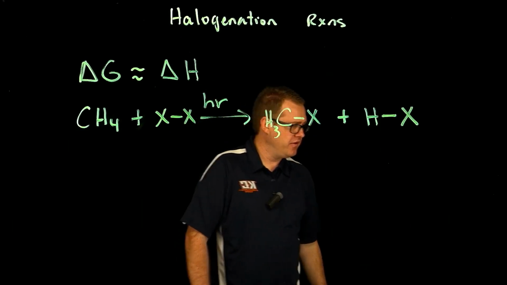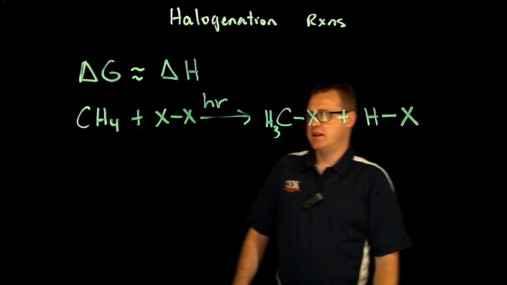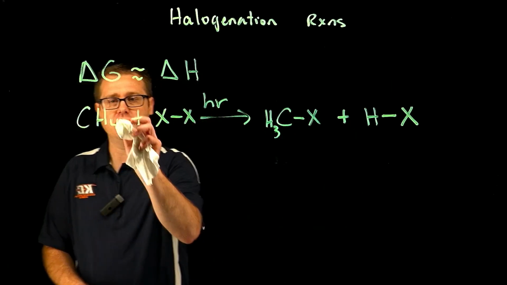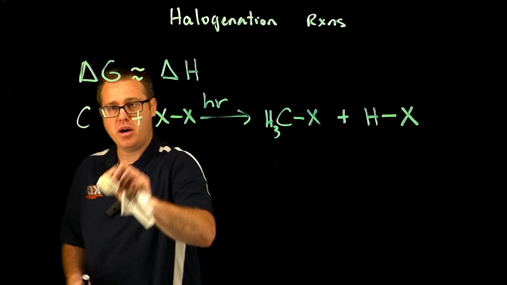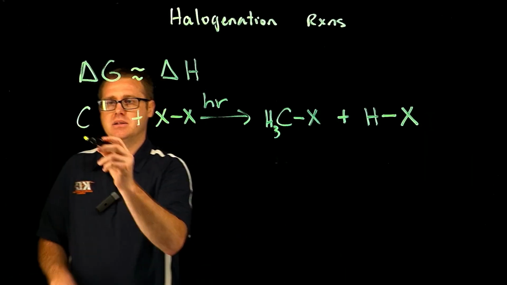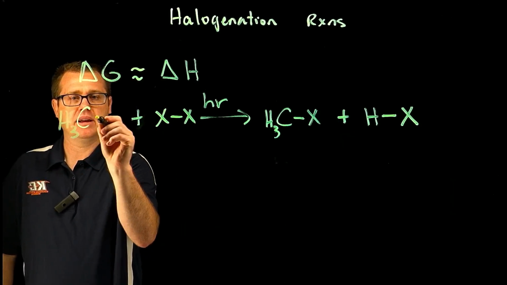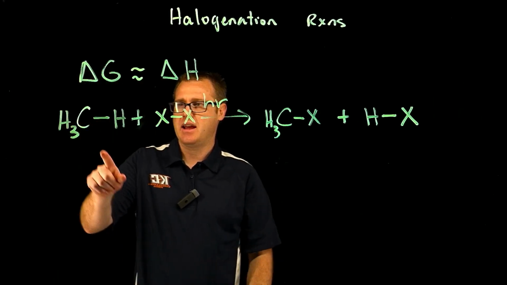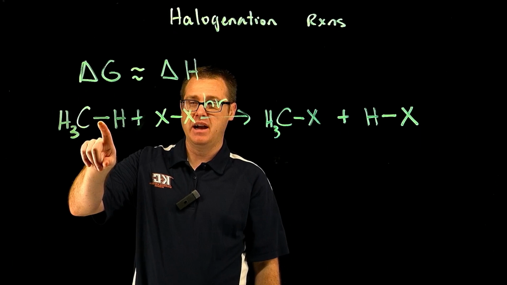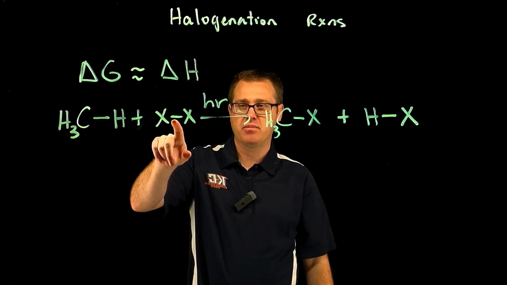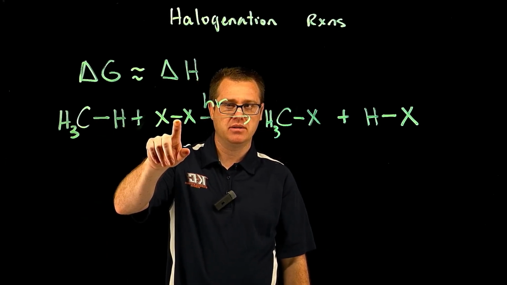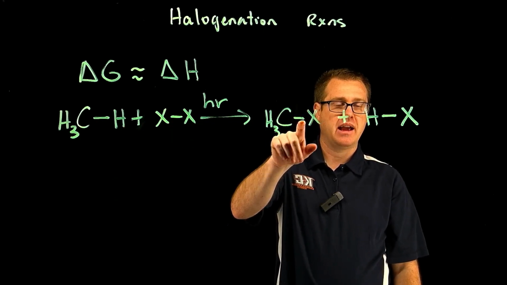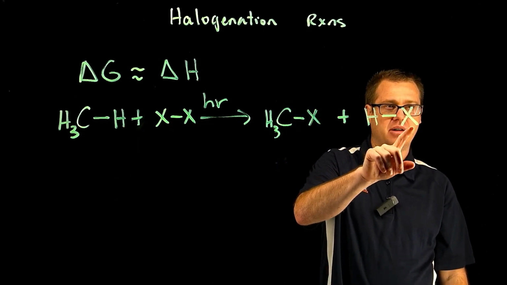So what we have to figure out here is in order to get this reaction to work, we are going to have to break bonds and form bonds. Now I'm just redrawing this so we can get a better idea of what's happening here. So do you see that we have to break this carbon-hydrogen bond, and we have to break this halogen-halogen bond. And then we are forming a carbon-halogen bond and a hydrogen-halogen bond.